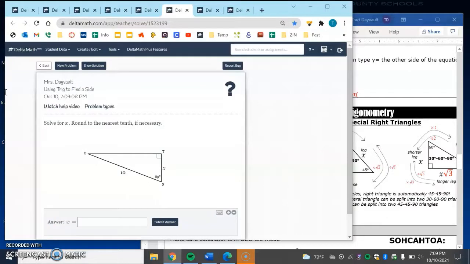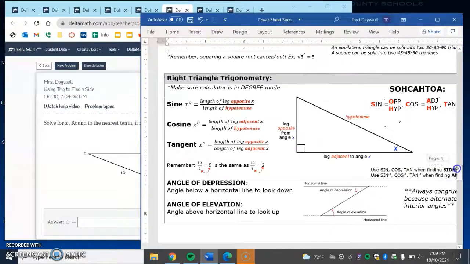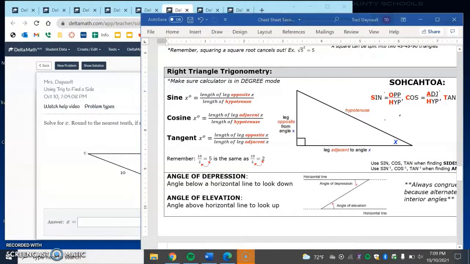All right, now we're going to look at actually finding the length of a side using these trig ratios. So the reason why these ratios are important and helpful is that they can help us to find missing side lengths and missing angles.